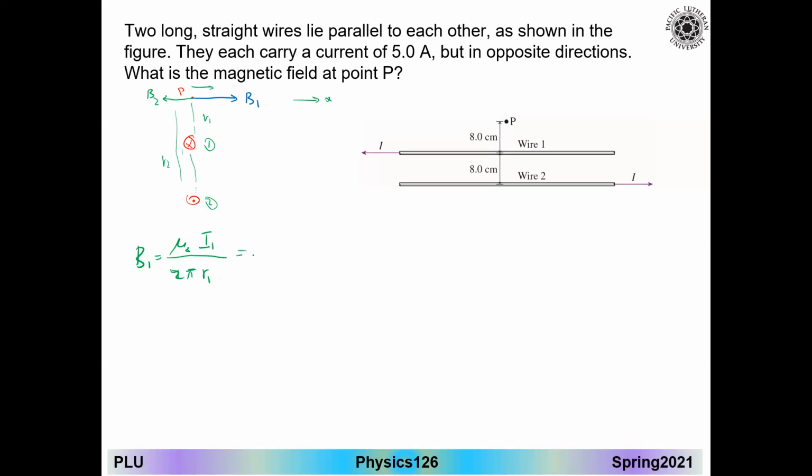Here is the numerical value that we have: 1.26 times 10 to the minus 6 Tesla meter divided by amps, times 5 amps, divided by 2 pi times 0.08 meters.